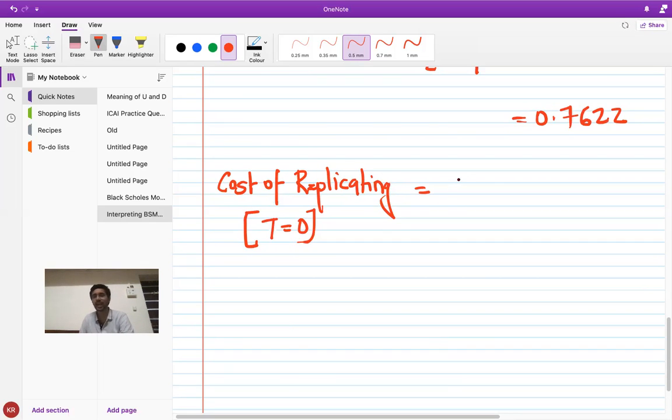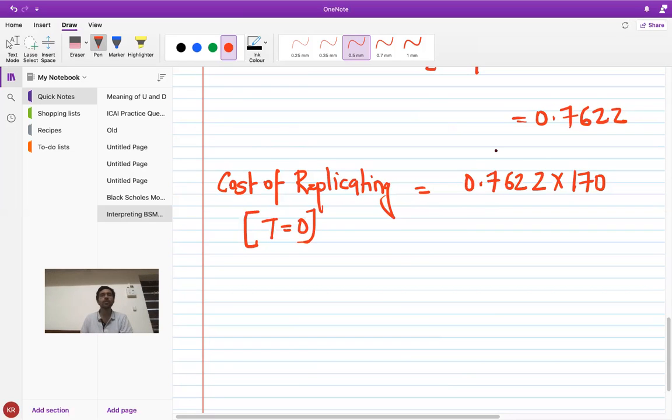So your cash outflow is 0.7622 into 170. I'm denoting cost as positive and cash outflow as positive over here. It's fine. So 0.7622 into 170 is going to be the cash outflow for buying 0.76 shares.